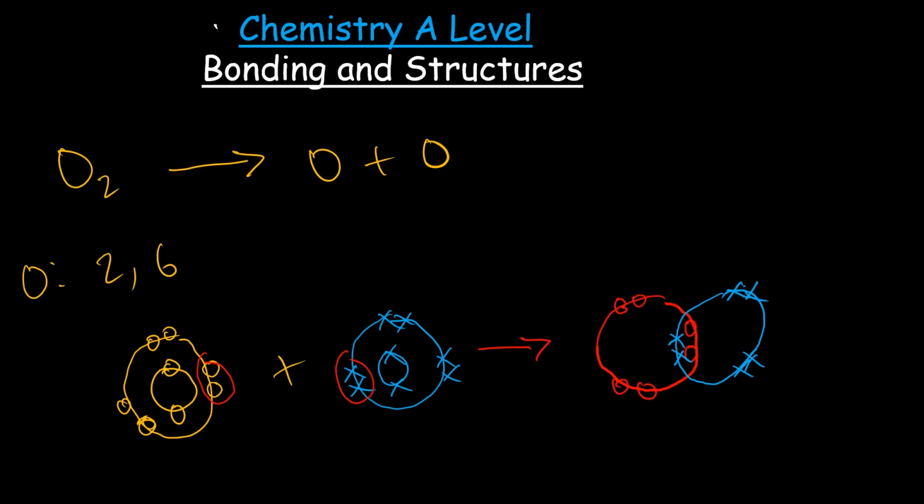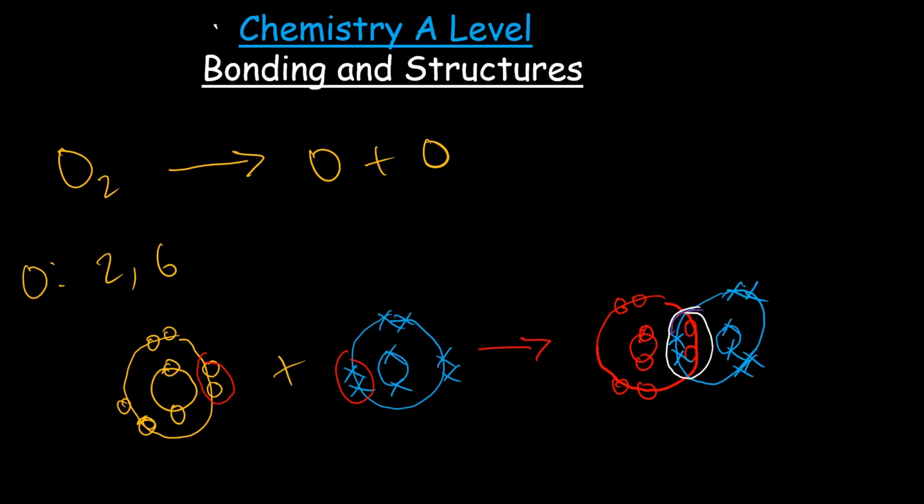If you're going to draw the nucleus, the inside, we have 1, 2, and also for this one we have 1, 2. So as you can see here, they share a total of 4 electrons, 2 from each side.